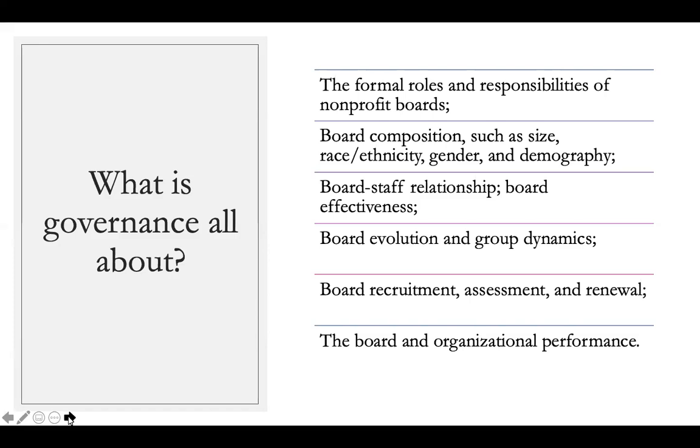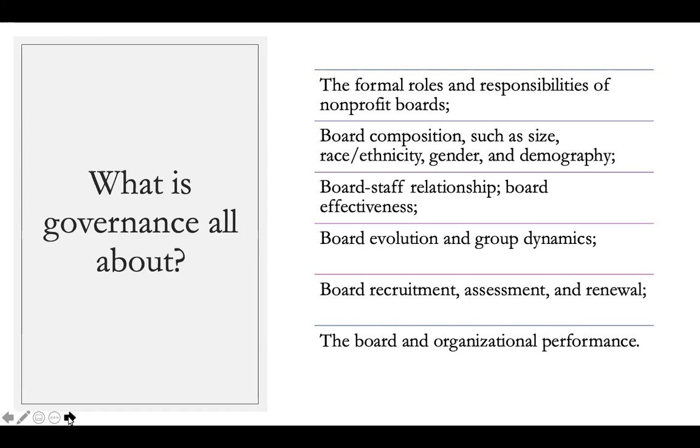We're talking about issues such as the board composition, things like size, race, gender, and for those organizations which are active across multiple jurisdictions or different regions, demographic aspects.